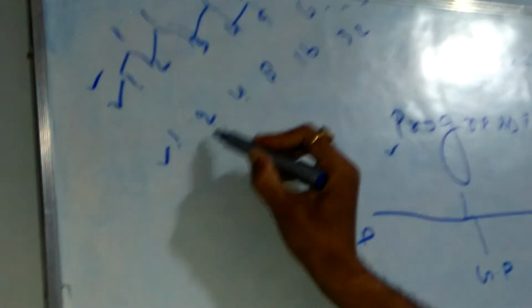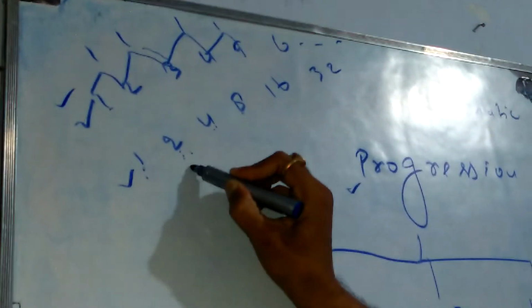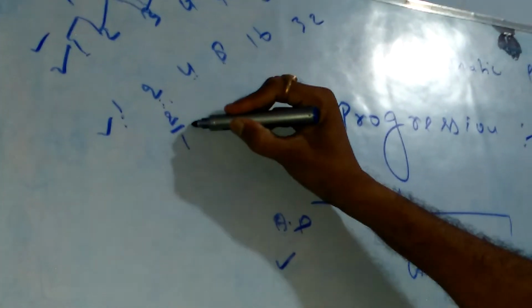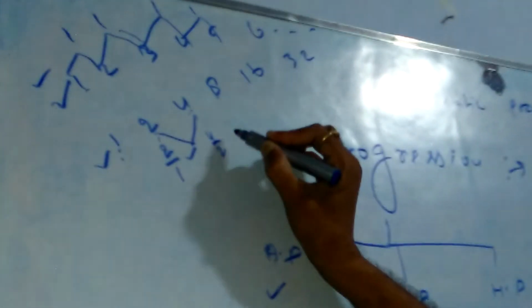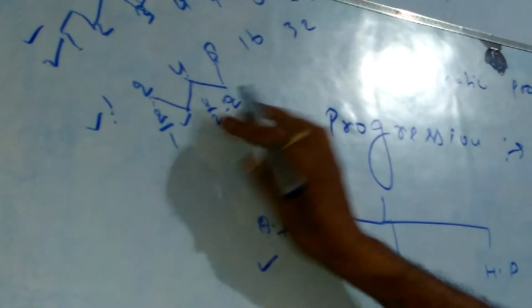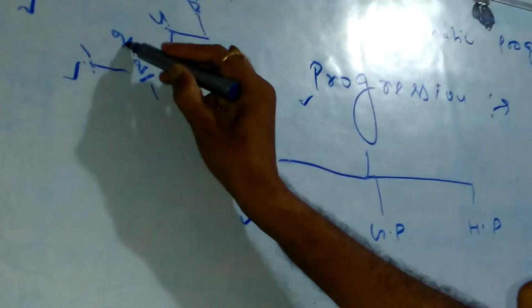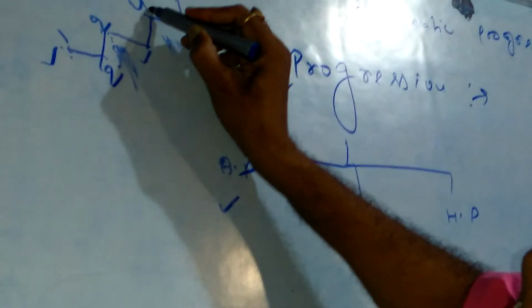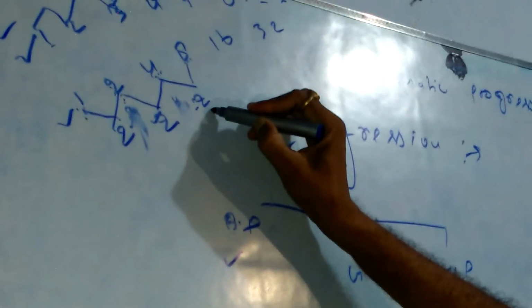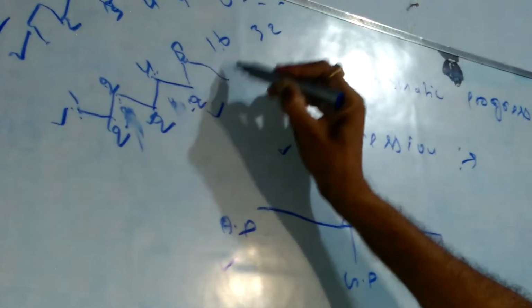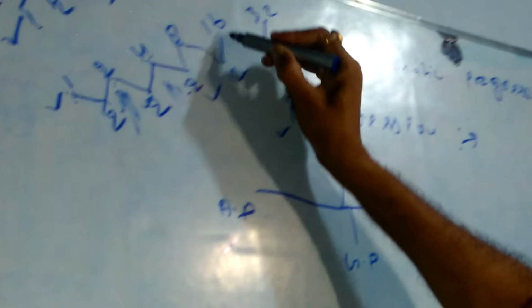When 2 is divided by 1, it gives the value 2. 4 is divided by 2, it gives 2. 8 is divided by 4, it gives 2. 16 is divided by 8, it gives 2. 32 is divided by 16, it gives 2.